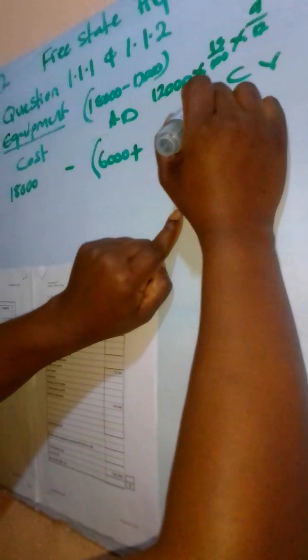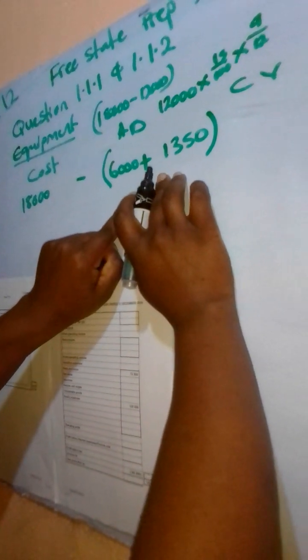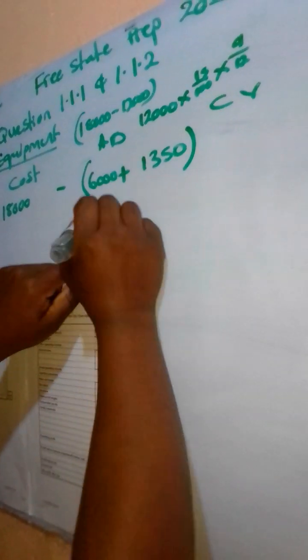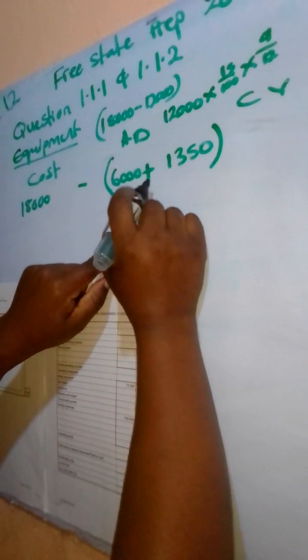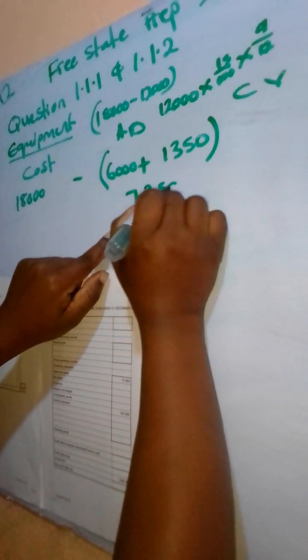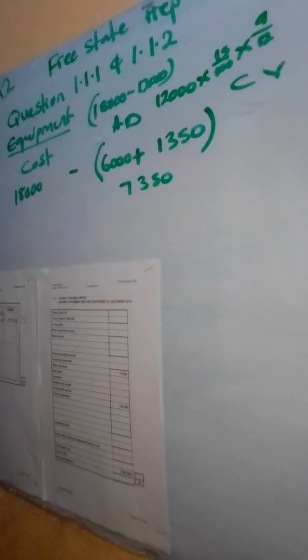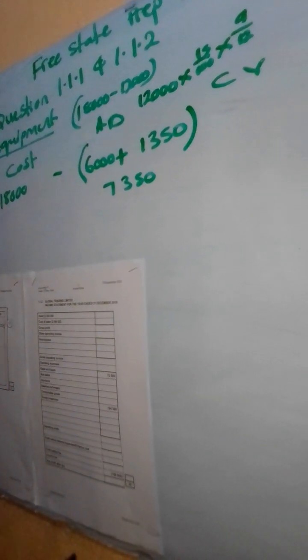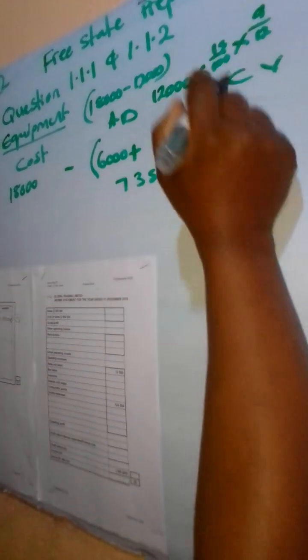So 6,000 plus 1,350 is our total accumulated depreciation. We can add it, and it gives us 7,350. So this is the total accumulated depreciation when the asset was sold on the 30th of September 2019.